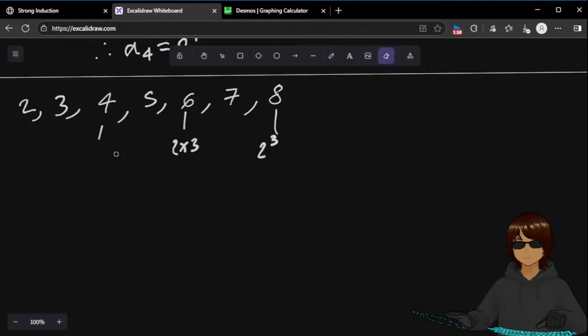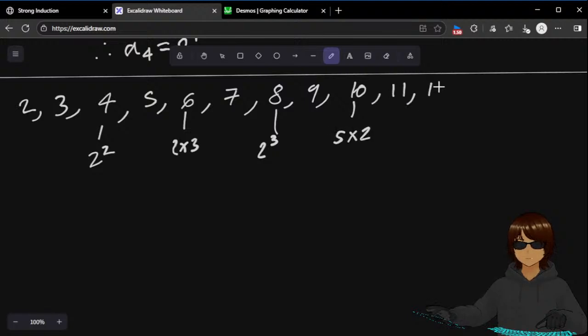I should write 2 squared here. 5 times 2, and then 11, 12, 13, 14. Okay, so we have the base cases.